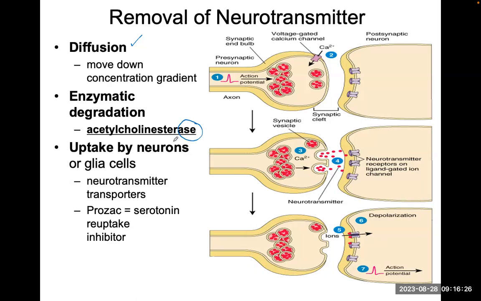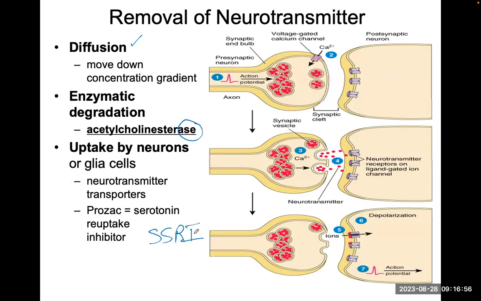Now, we have certain drugs on the market that can block the uptake. So in certain instances, we may want serotonin lingering around here a little bit longer, having an effect to make a person feel happier. So instead of degrading them and breaking them down, people could use, let's say, Prozac, which is a selective serotonin reuptake inhibitor.